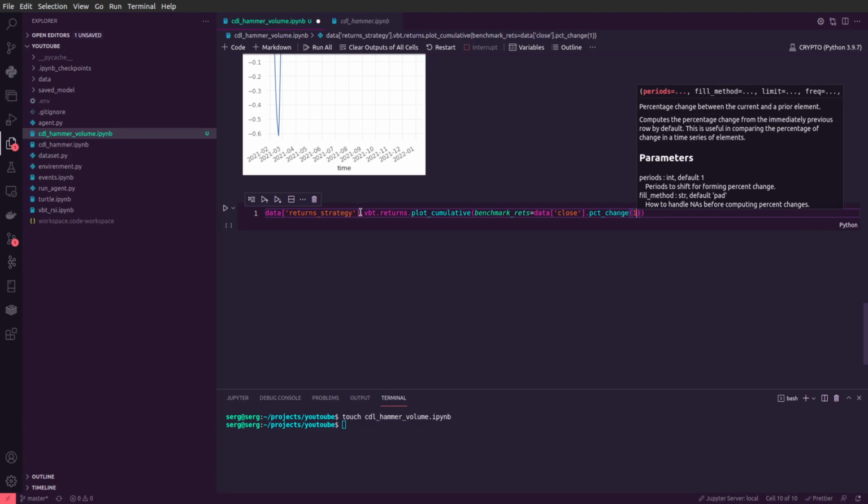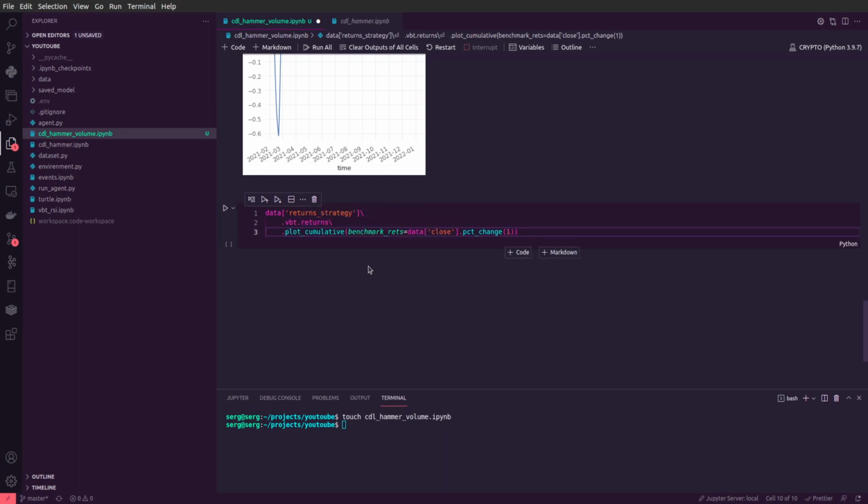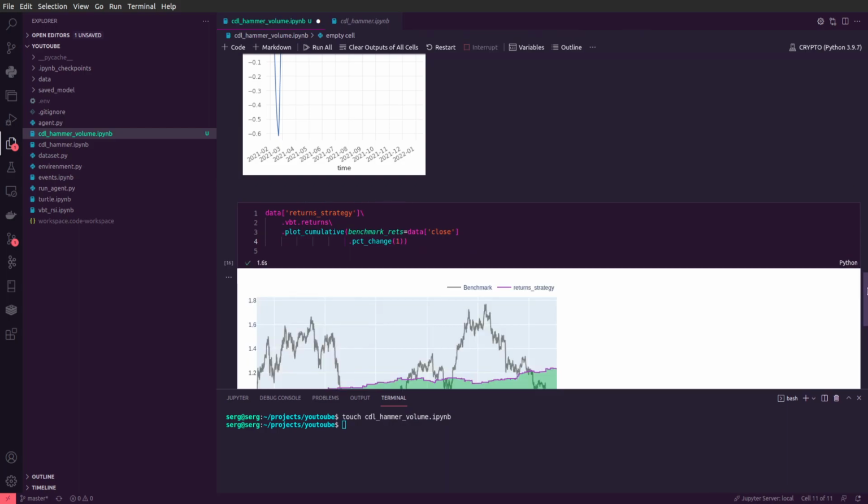Looks good. Let's change the format, for example, like this, because I need to understand if it is correct or not. Okay, looks good. Let's plot our data.